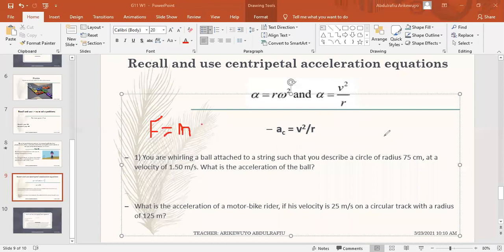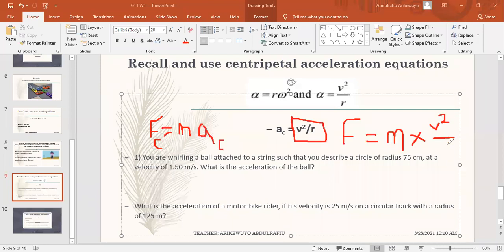So what will be F? F is equal to, I've changed my A to this formula. It will be m multiplied by v squared over r, because my A is v squared over r, right?